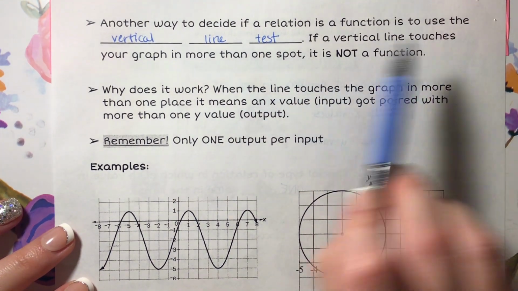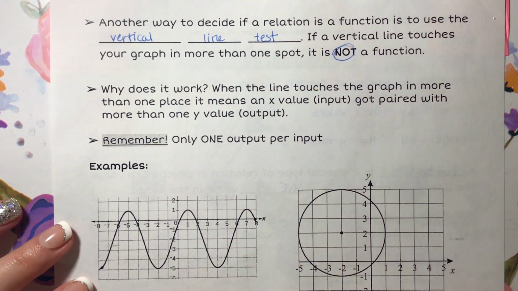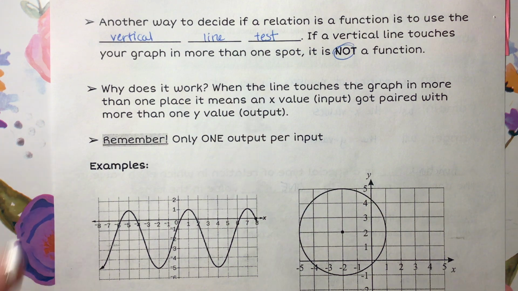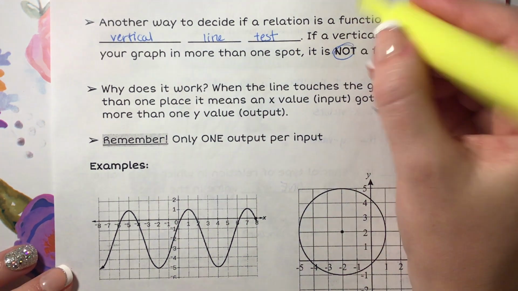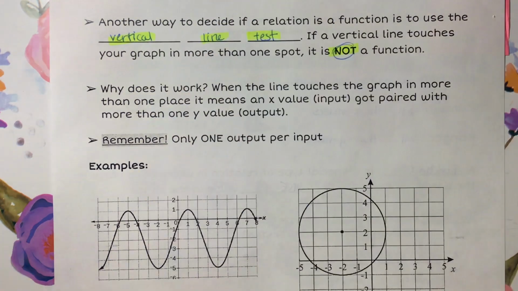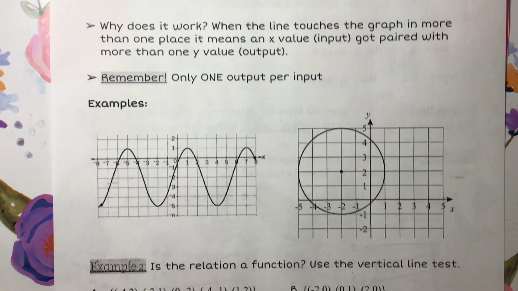If a vertical line touches your graph in more than one spot, it is not a function. That is very important. So this is honestly one of my favorite shortcuts to use. The vertical line test is very helpful to just look at a graph and immediately know if it is or is not a function. So why does this work?